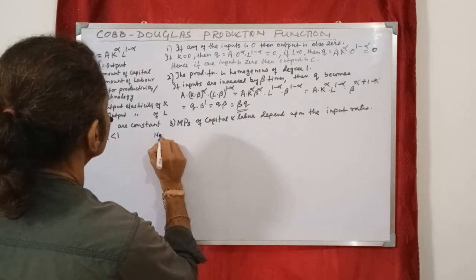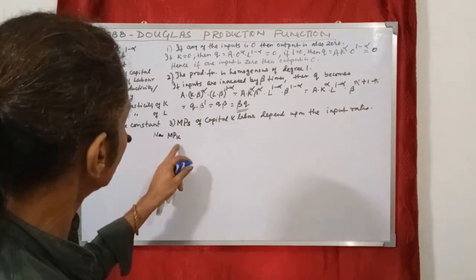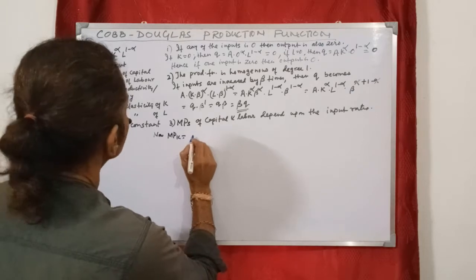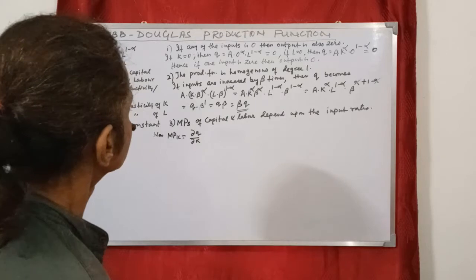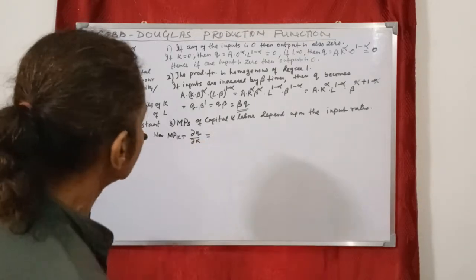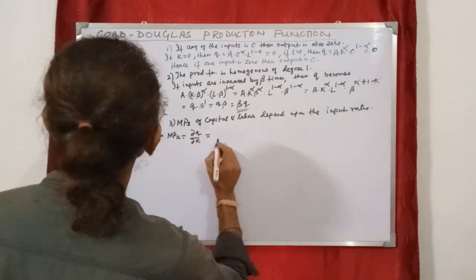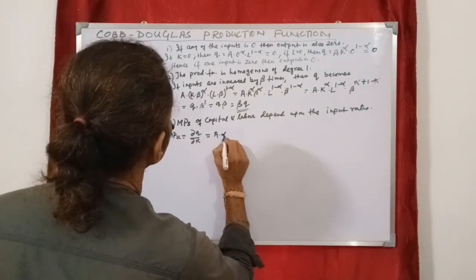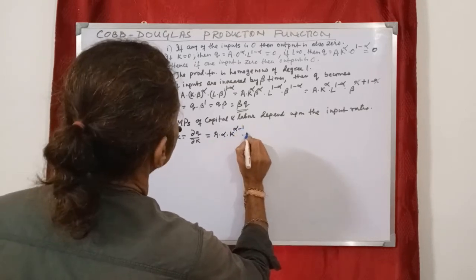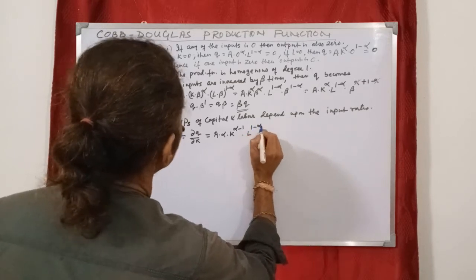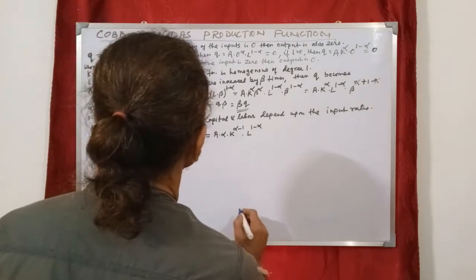Now MPK, that is marginal productivity of K, equals del Q del K. We are taking the partial derivative of Q with respect to K. So this becomes A alpha K to the power alpha minus 1 into L to the power 1 minus alpha, right?